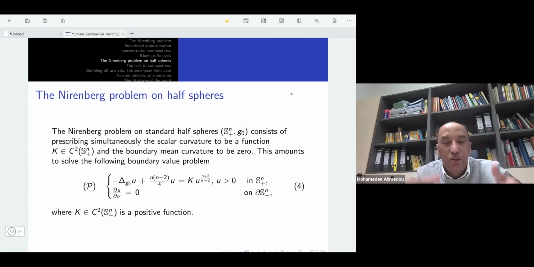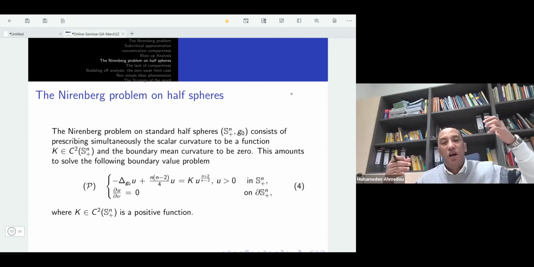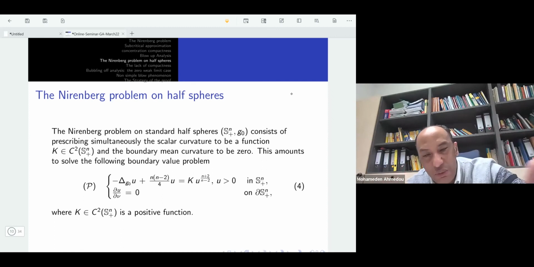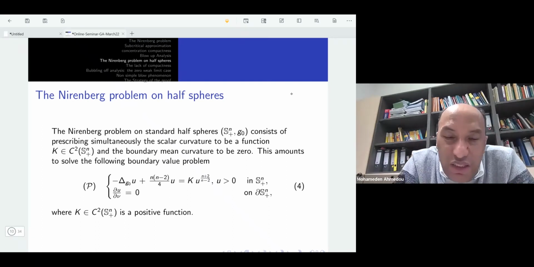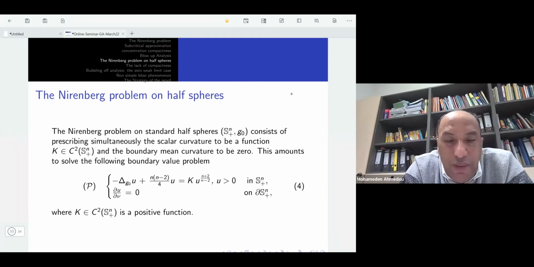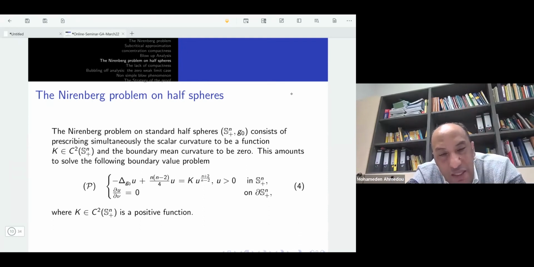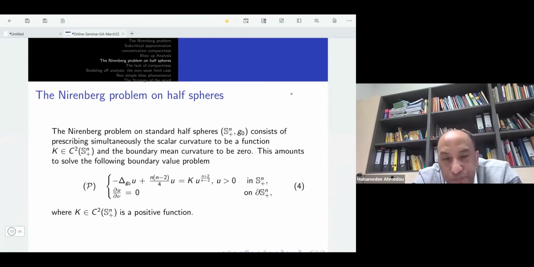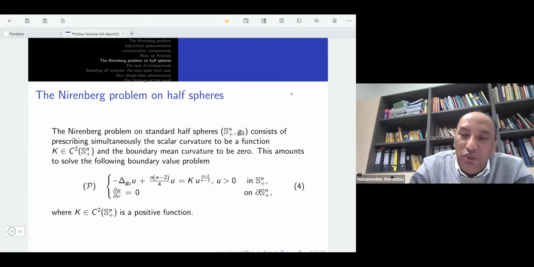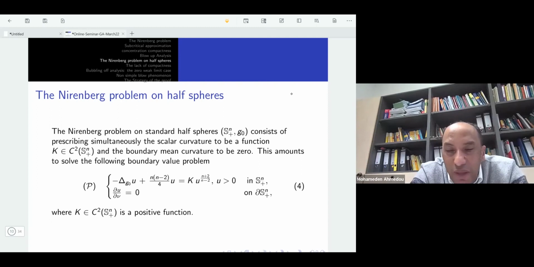Looking at the transformation of the scalar curvature, which we have seen, there is also a similar transformation law for the mean curvature under the conformal change of the metric, and you end up with this boundary value problem: minus Laplace of u plus n times n minus 2 divided by 4 times u equals k u to the power of n plus 2 over n minus 2, u positive. This is very similar to the equation we had on the sphere, but on the boundary you have a Neumann boundary condition.